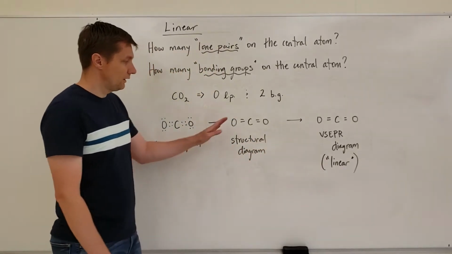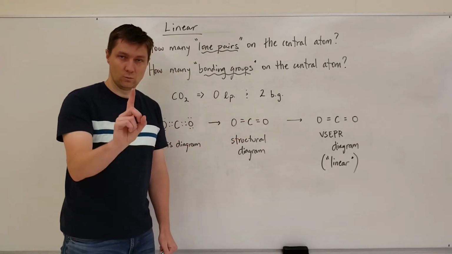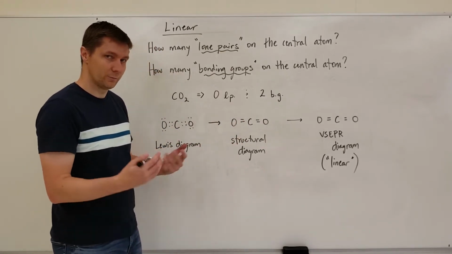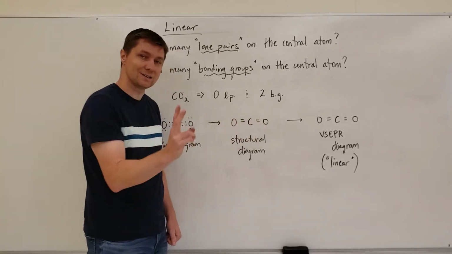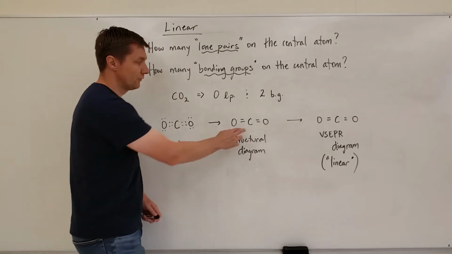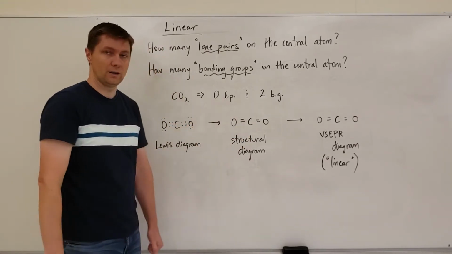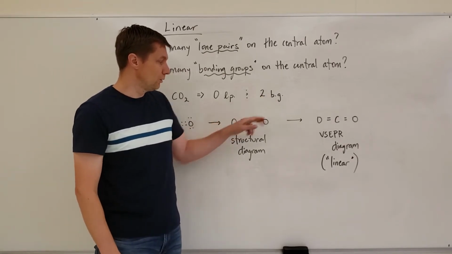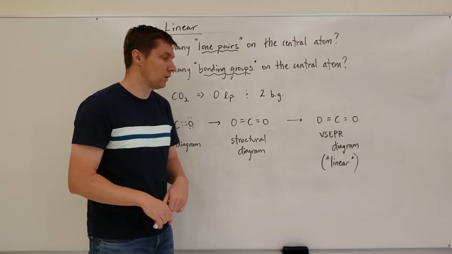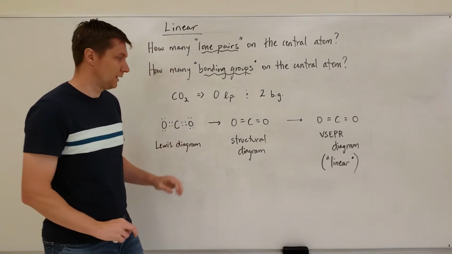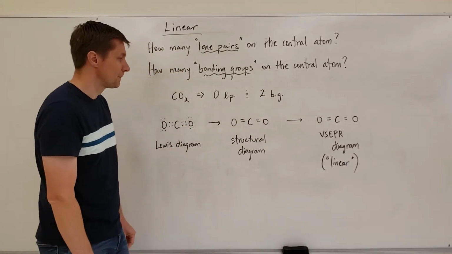So I look at my structural diagram and say, okay, right here I have one group of bonds, so this is one bonding group, and this is a second bonding group. So for carbon dioxide, carbon has 0 lone pairs and 2 bonding groups. Yes, there are 4 sticks, but remember, we're just talking about groups of electrons. This is one group and this is a second group.